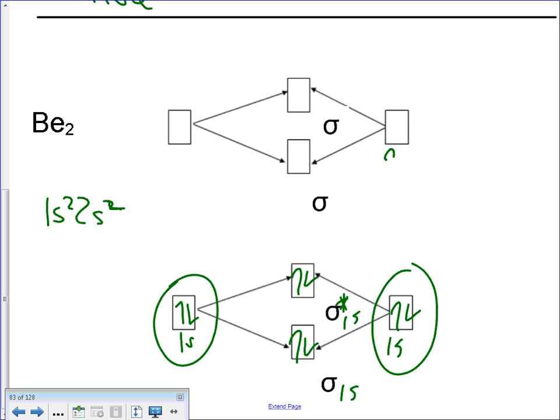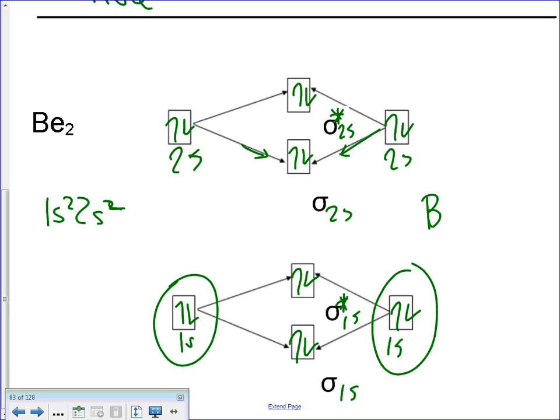Then we have the 2s energy levels with their 2 electrons, and they're going to get funneled down to the sigma 2s orbital, 1 up and 1 down, and then the sigma star 2s orbital with 1 up and 1 down. So this is a full shell all the way, full orbitals, bonding and antibonding.